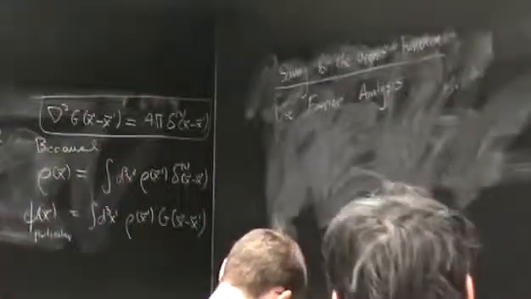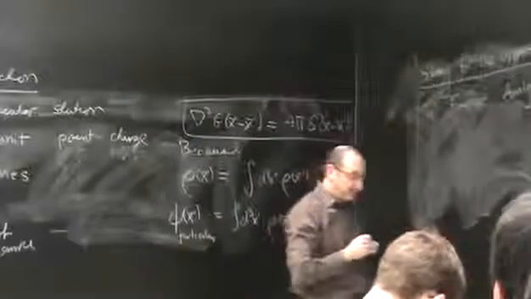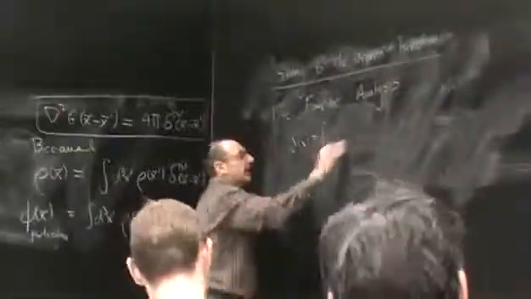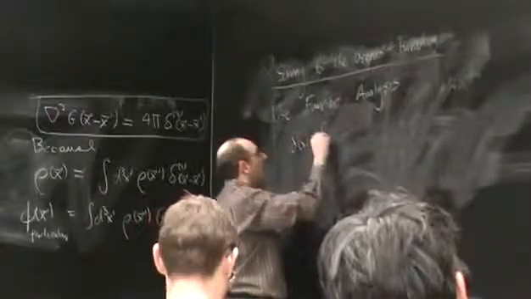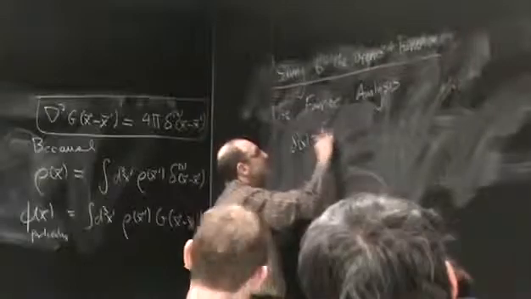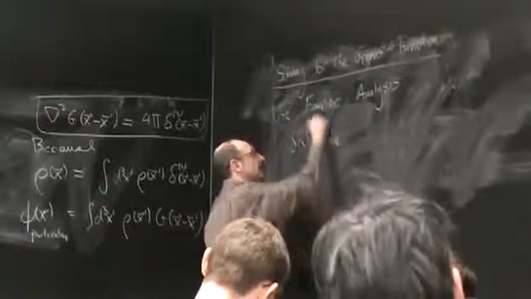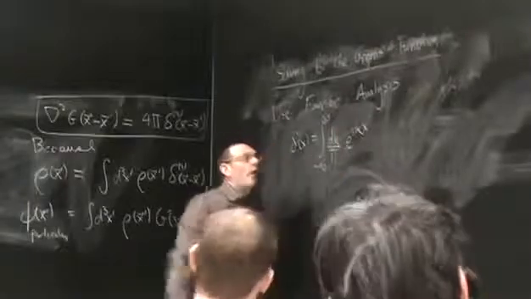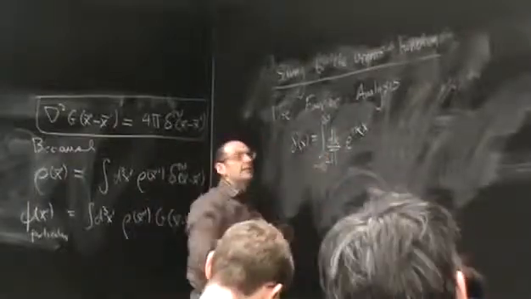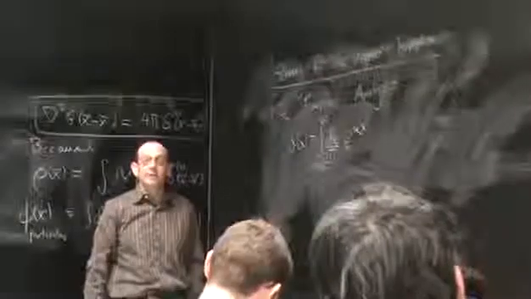So, remember that a delta function is equal to the Fourier transform of a constant. If I were to integrate e to the i k x over all k, that is a delta function, right?